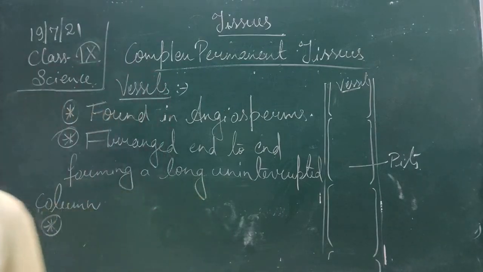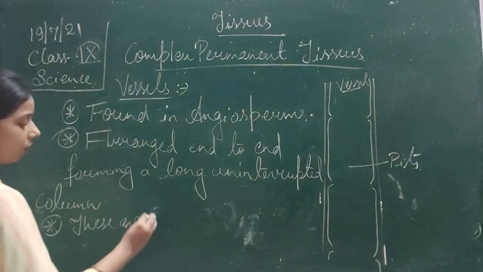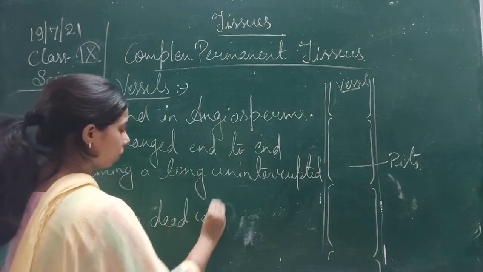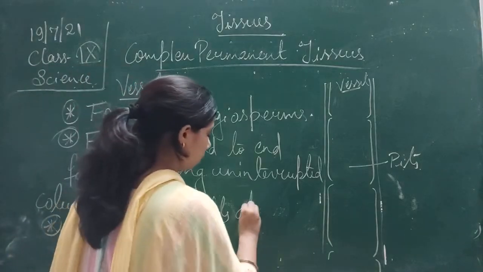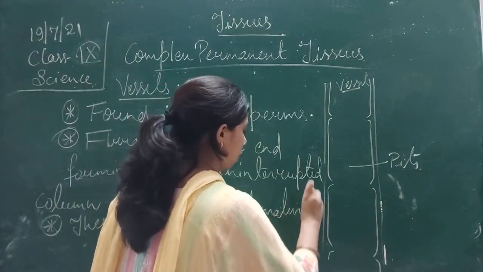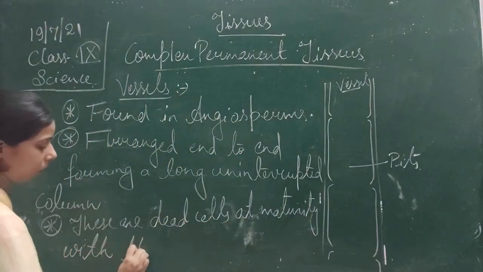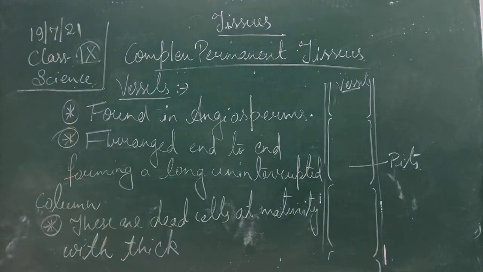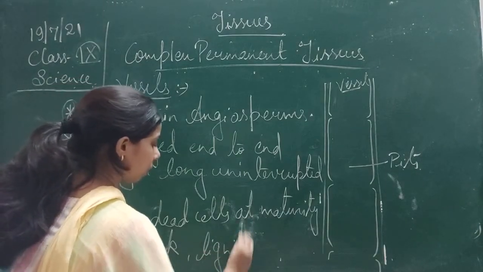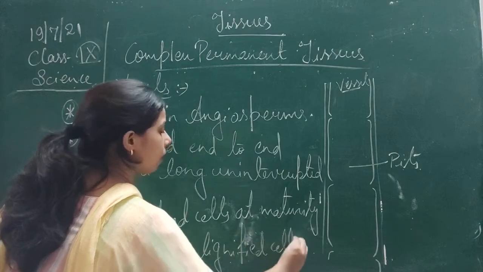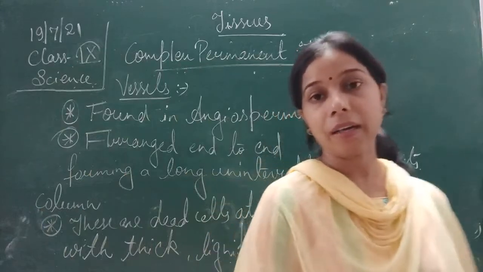So these are dead cells at maturity, with thick lignified cell walls.